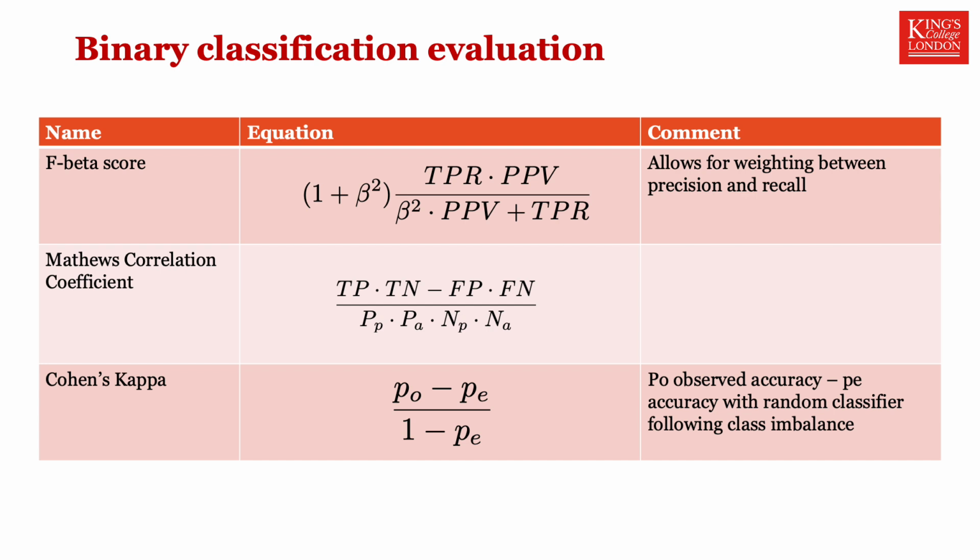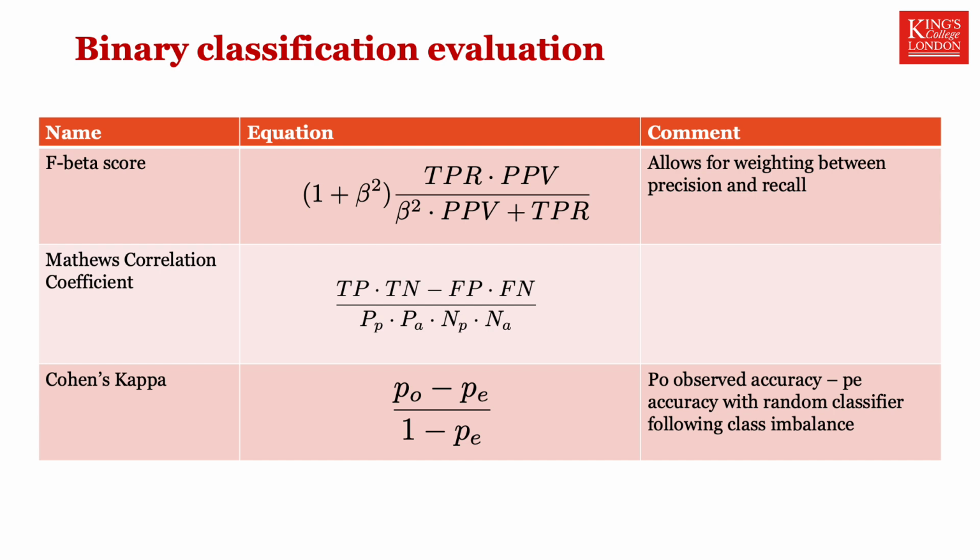In terms of binary classification, you actually have ways of combining those. For instance, the F beta score, where you can choose beta as you like, and that allows for weighting between the precision and the recall. There is also what we call the Matthews correlation coefficient, or the Cohen's kappa.